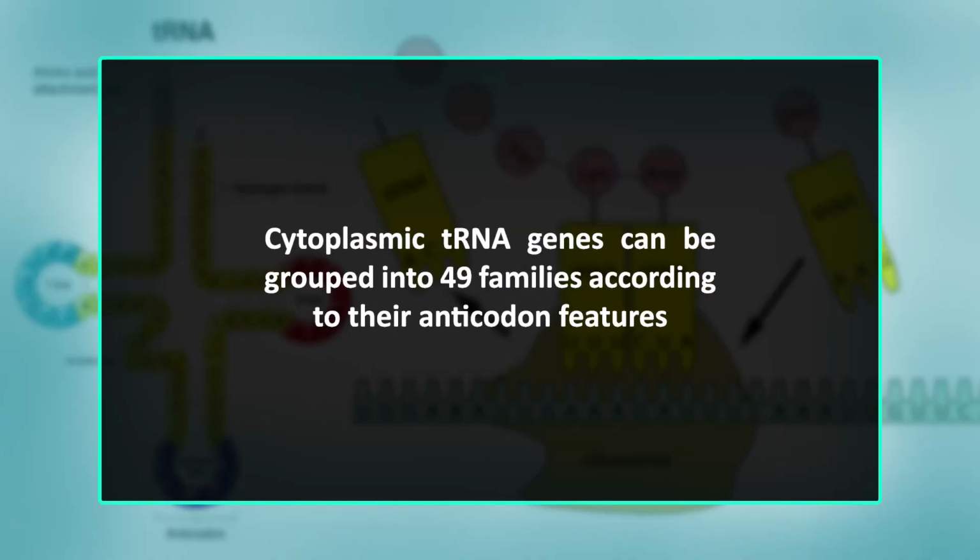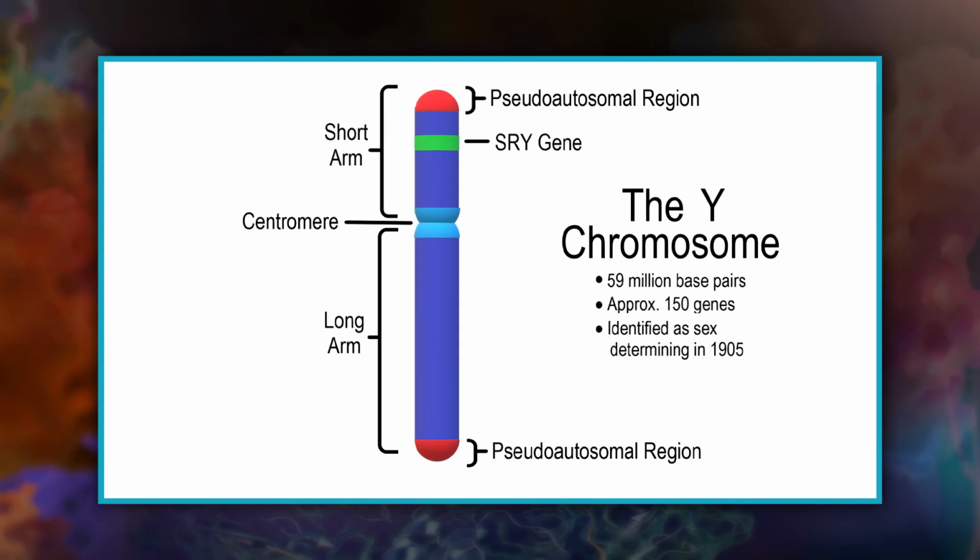Cytoplasmic tRNA genes can be grouped into 49 families according to their anticodon features. These genes are found on all chromosomes except the 22nd and Y chromosome. High clustering on 6p is observed, that is 140 tRNA genes, as well as on chromosome 1.